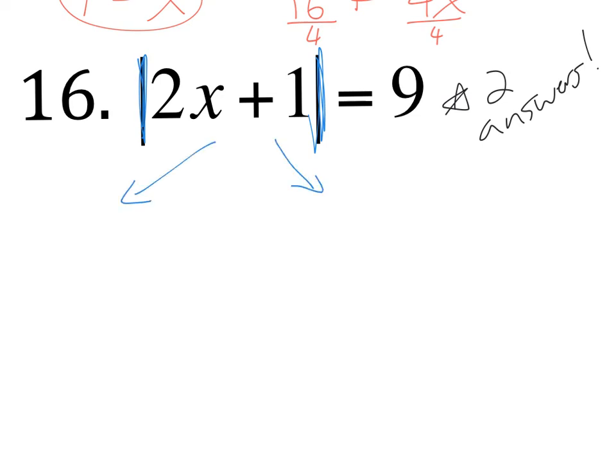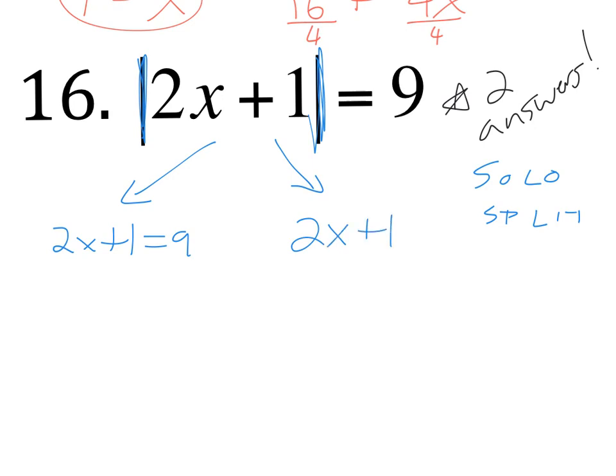Right away, we're going to split this into 2 equations. If you remember, I taught you 4 s's. Once the absolute value is solo, you will split it into 2 equations. One for the positive, one for the negative. You'll solve both equations.